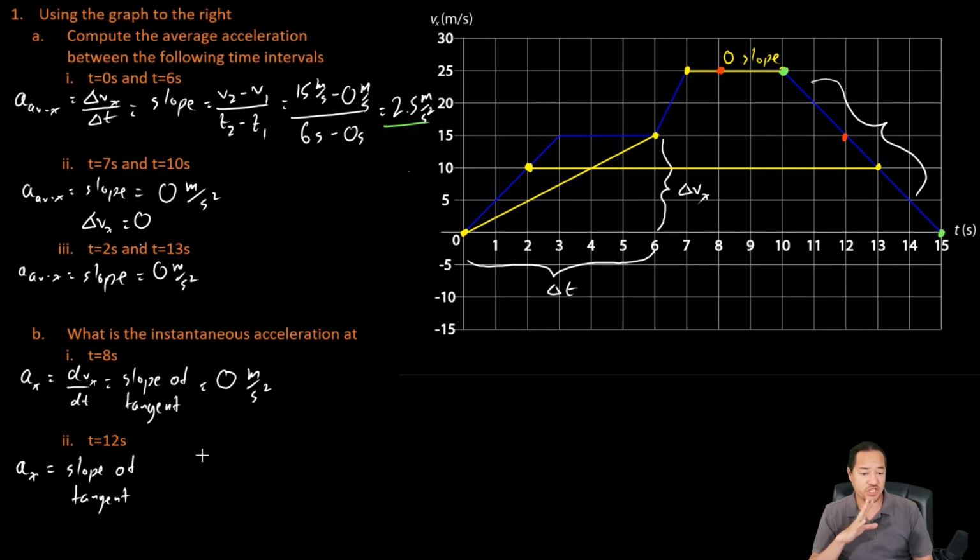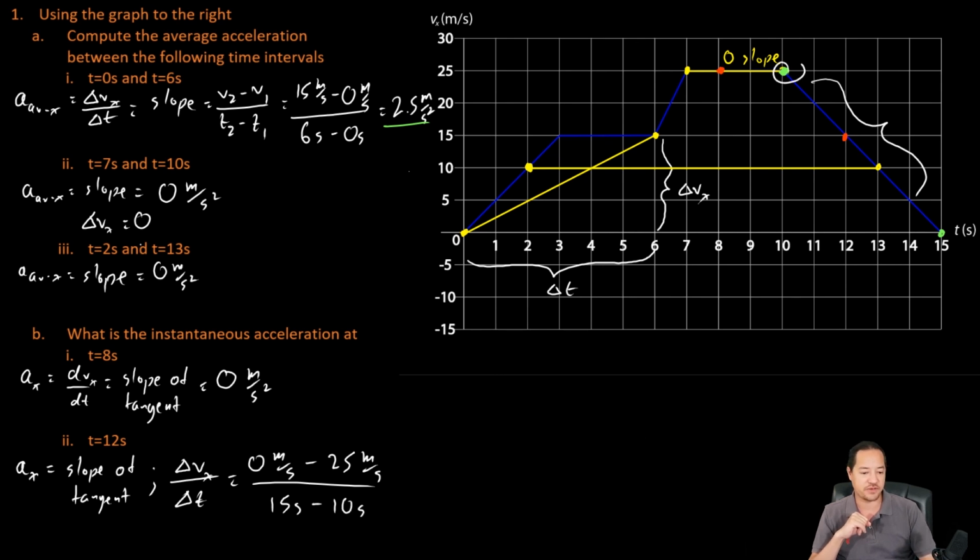So what's the slope of this line going to be? Well, it's going to be change in the vertical over change in the horizontal. And so V2 is going to be 0 meters per second, V1 is going to be 25 meters per second, and then T2 is going to be 15 seconds, and T1 is 10 seconds.